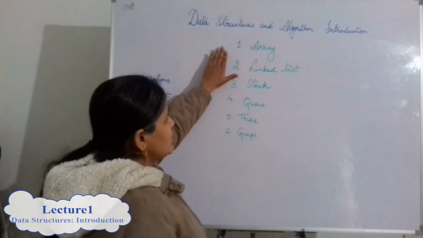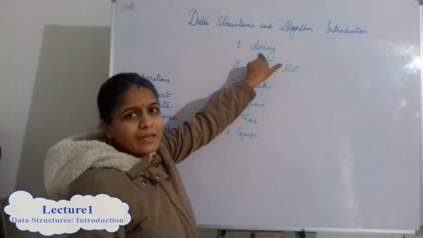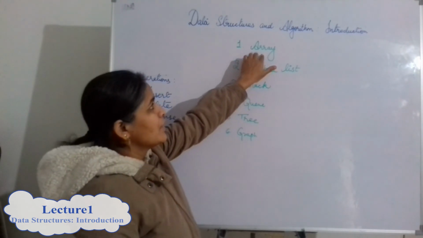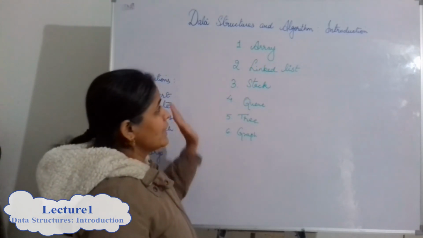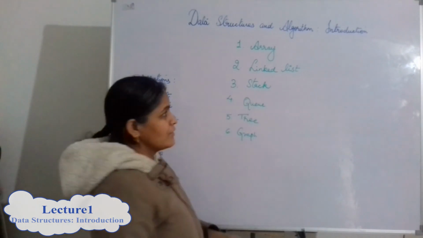In this subject, we'll cover array in detail. Okay. What are the different operations that can be performed on array? We would like algorithm for each and every operation.